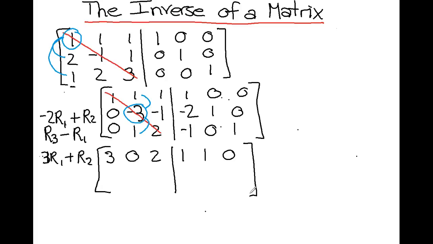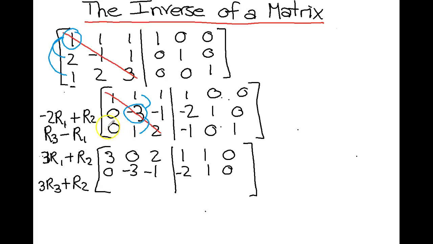I'm going to keep row 2 the same, so I'm just going to rewrite it. And then I'm going to do the same thing, but this time I'm going to multiply row 3 by a 3 so that when I add it to row 2, I get a 0.